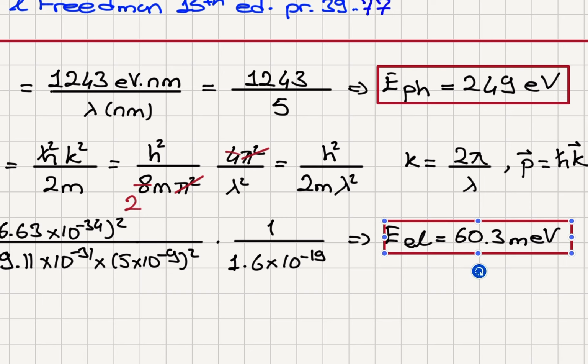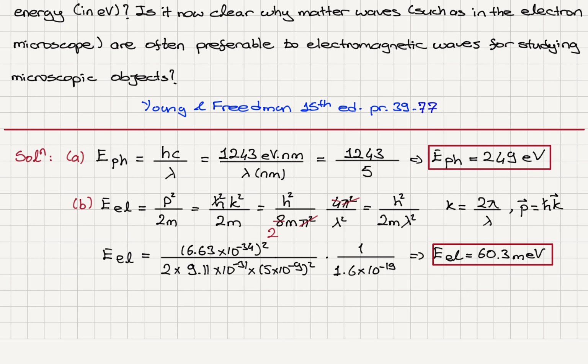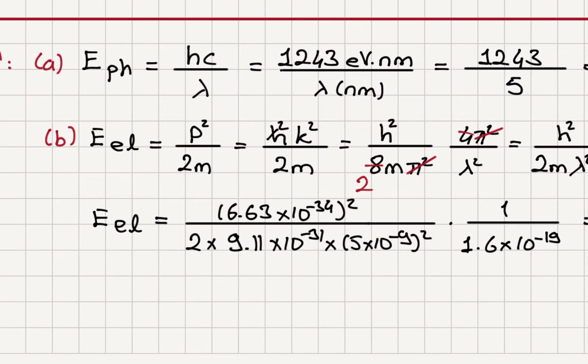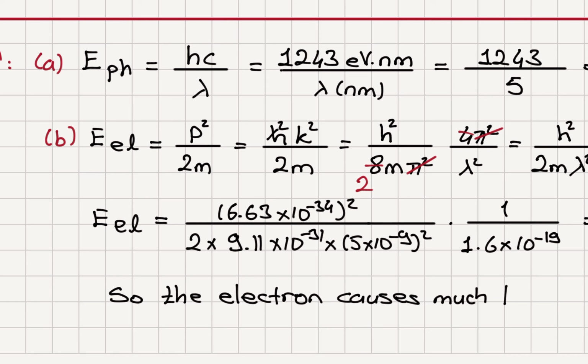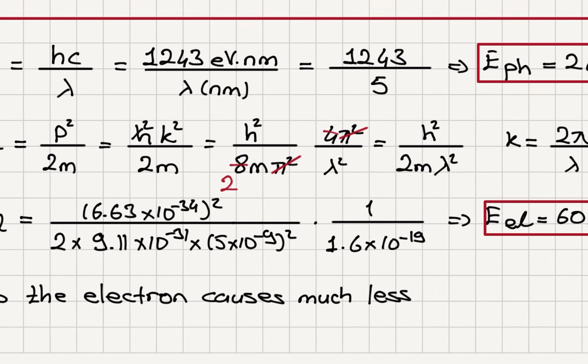Okay, so as you can see, this energy is much less than that of the photon with the same wavelength. So we have the conclusion, since the electron deposits much less energy, the electron causes much less damage to the virus under study.